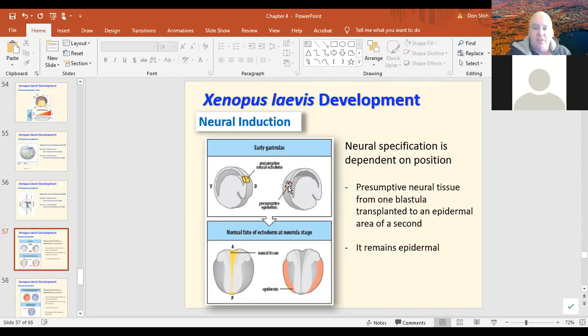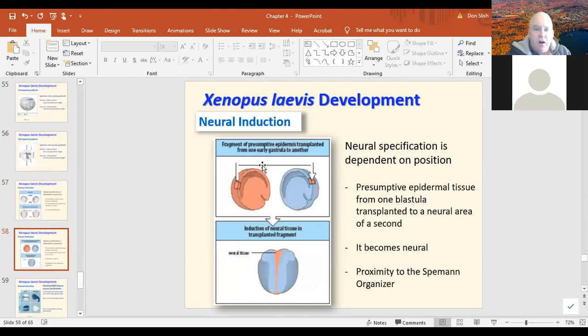Okay, so you basically pull this out and you label it pink, you stick it in at the ventral end of the blastula, and it ends up as epidermis. Now, if you take a piece of what's prospective epidermis, what will become epidermis out of one blastula, and you put it into the dorsal side of a different blastula, now it becomes neural tissue.